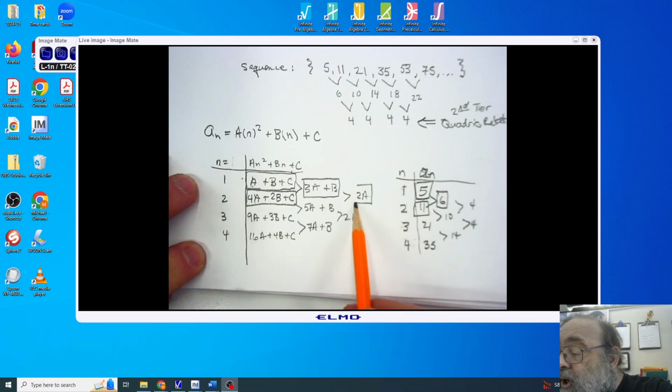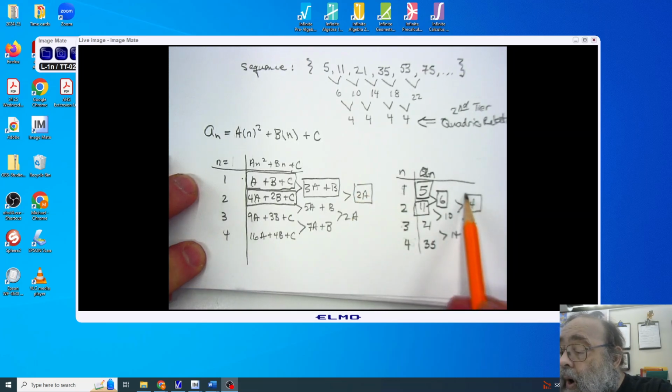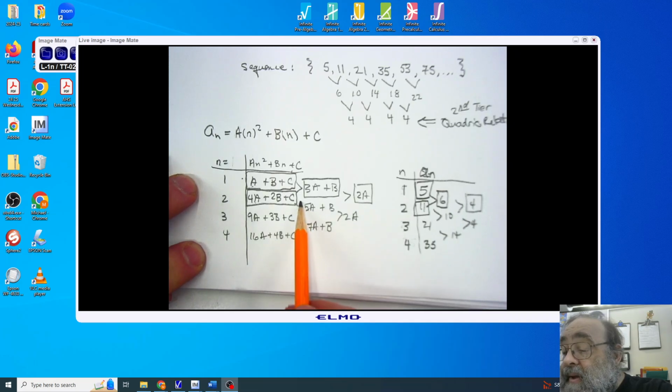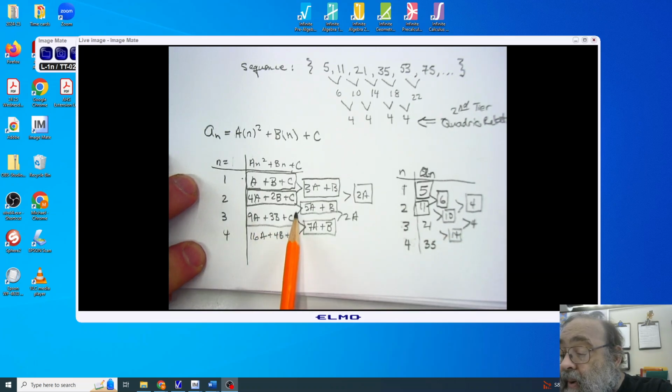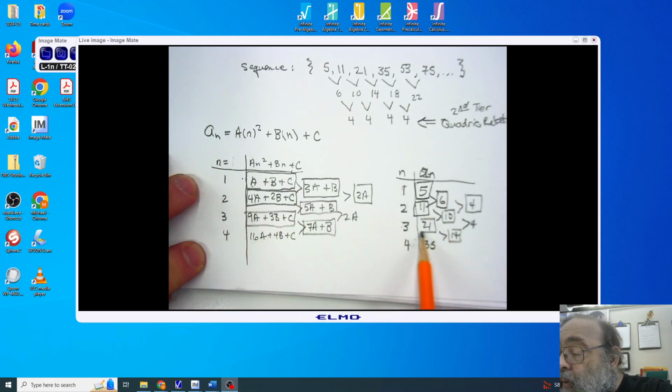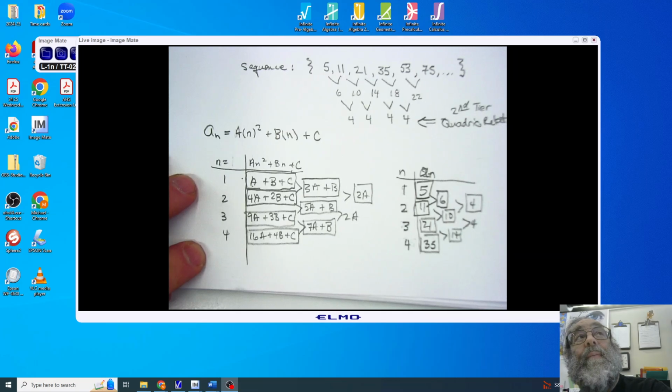And this relationship gives me 4. That means that 5a plus b gave me 10. 7a plus b gave me 14. 9a plus 3b plus c gave me 21. And 16a plus 4b plus c gives me 35.